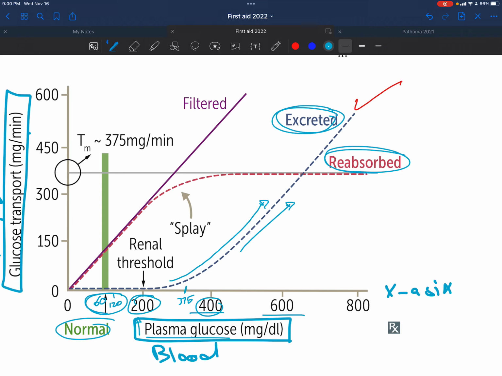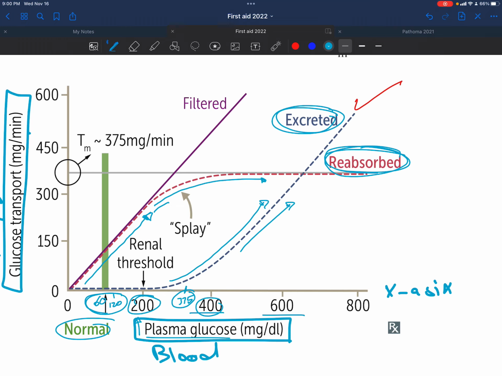So we lose our capability of reabsorption. This is what we see over here. We were reabsorbing glucose really normally until we get to a number where we cannot reabsorb anymore, but it's not a sharp increase, it's a splay phenomenon. That's why we call it splay. So it's a gradual increase.